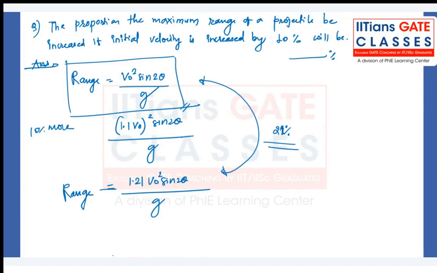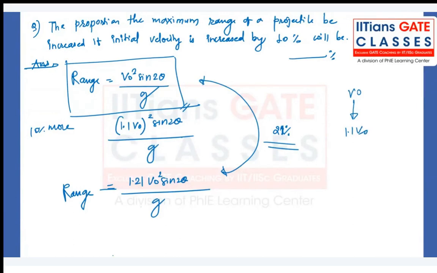Initial velocity is V naught. We have to increase it by 10%, which means 1.1 times V naught, right? So in this formula, I'm replacing V naught by 1.1 times V naught.